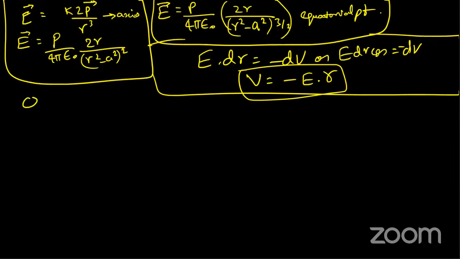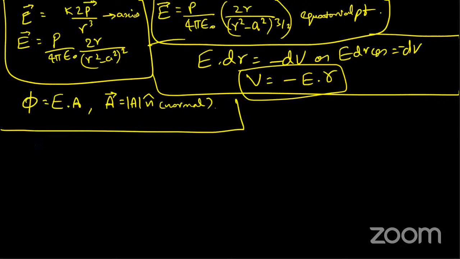So before Gauss law we try to check flux. Phi is equal to E dot A. Then we derived the area vector. A is equal to magnitude of A times n cap, where n cap is the normal. Normal direction would be the direction of my electric field, or the direction of the area vector. Then we try to apply Gauss law.